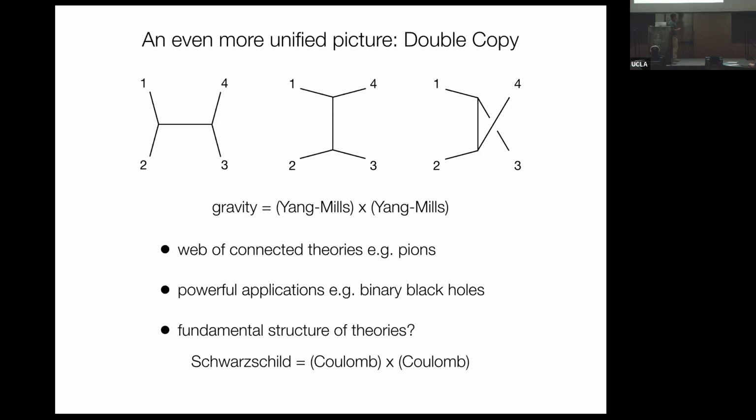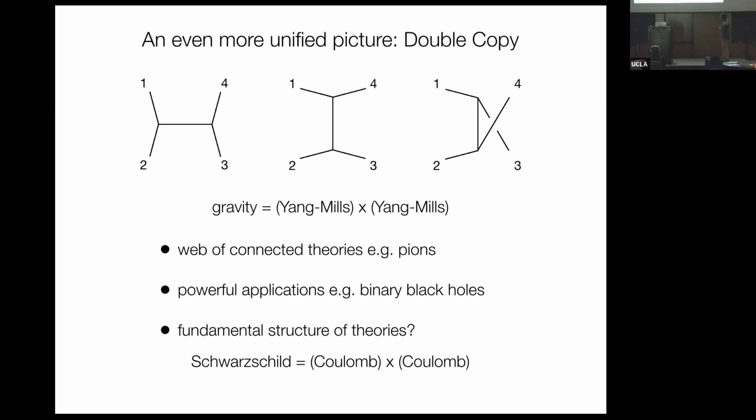And finally, this structure has led people to ask whether this is a fundamental feature of these theories, what principle underlies it, whether it works in loops, whether it works for all sorts of other things. For example, people have even considered double copying not only amplitudes like these, but all order solutions.